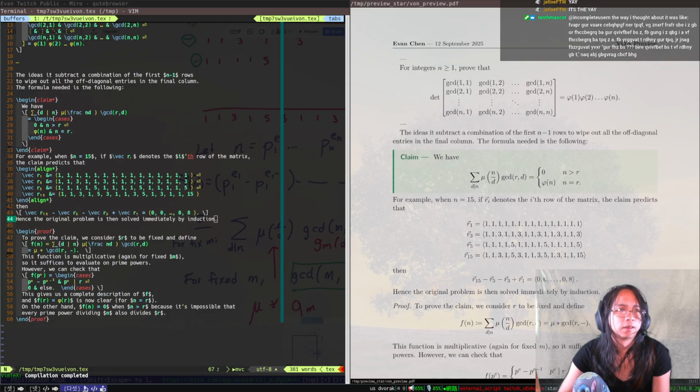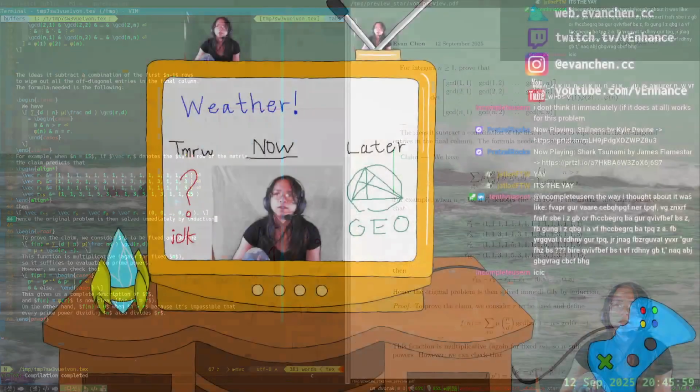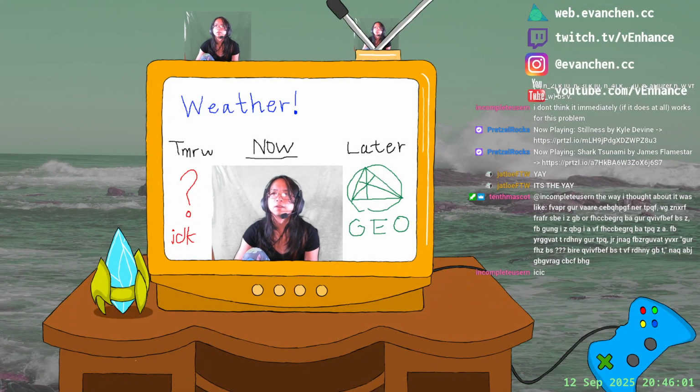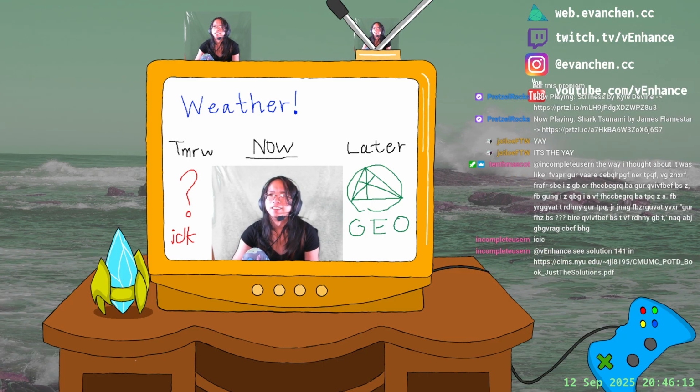Number theory. Do I call this number theory? This is probably number theory, right? Oh no. Oh, this is from the CMU MC book.